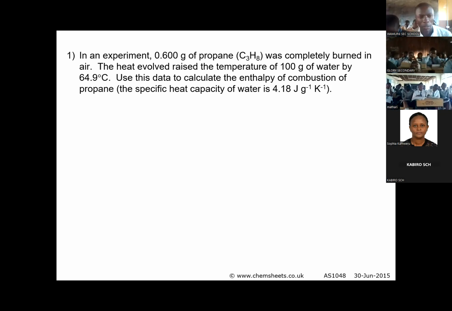Have a go. You will find that because we're using joules at the moment, you'll get a large number. You can divide by 1,000 to turn it into kilojoules if you want.